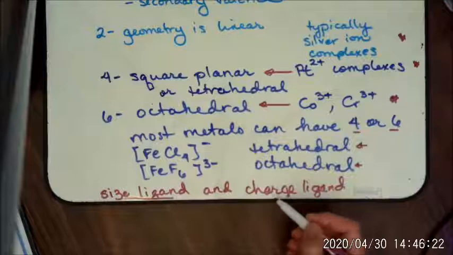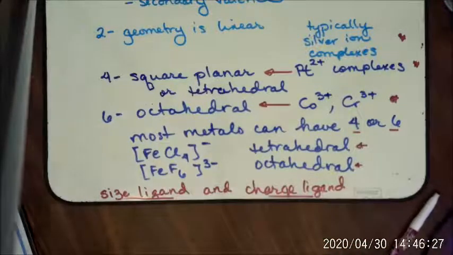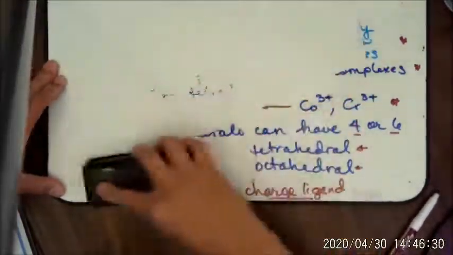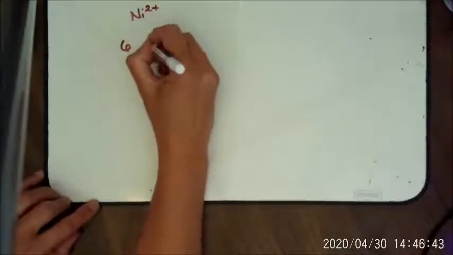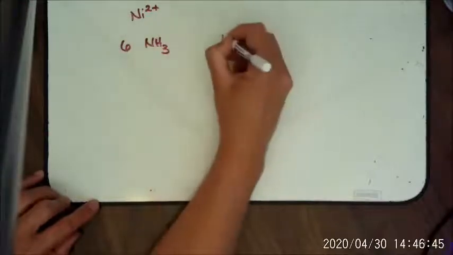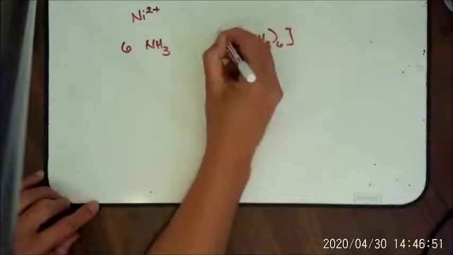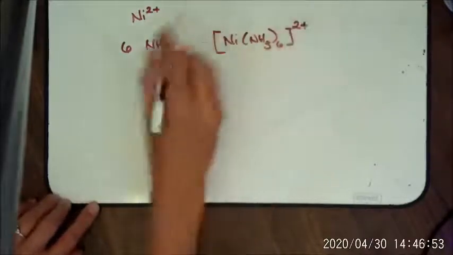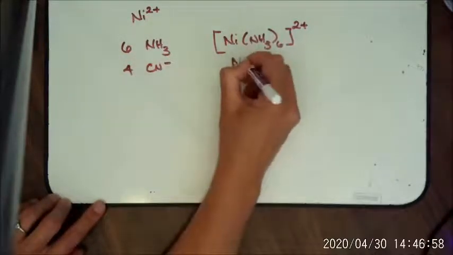And also the charge of the ligand. Let me give you an example for the charge. If I take something like nickel, I can either have 6 ammonia molecules, which gives me Ni(NH3)6 2+, or only 4 cyanide ions.